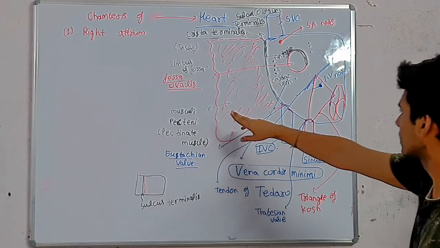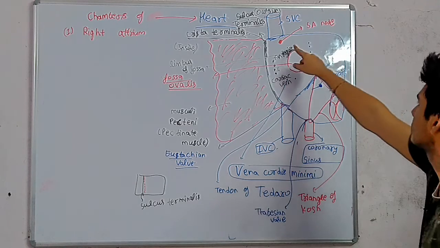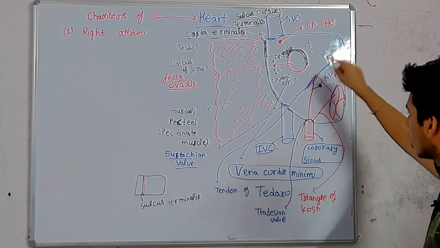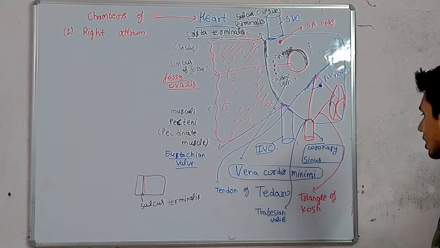Limbus, musculi, muscles: the anterior wall is rough, the posterior wall is smooth. All openings are present on the posterior wall. SA node, AV node. To locate the AV node: triangle of Koch, Todaro, septum, atrioventricular septum and coronary sinus.